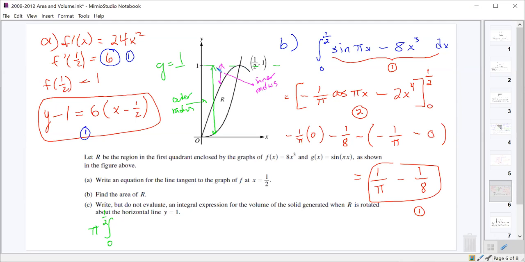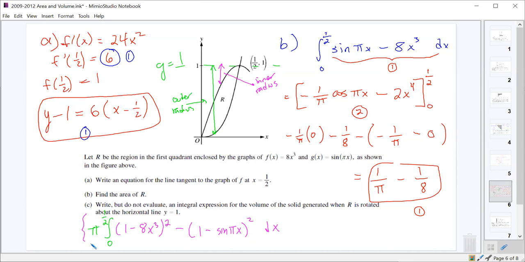And this is 1 unit for the entire thing minus the y value that I've got up here for my 8x cubed function. So it should be 1 minus 8x cubed to get the outer radius, and then squared, and then minus 1 minus my upper function, which was sine pi x, squared dx.